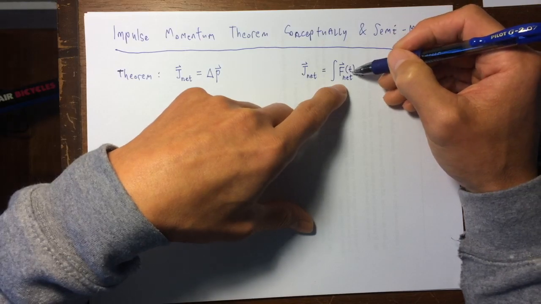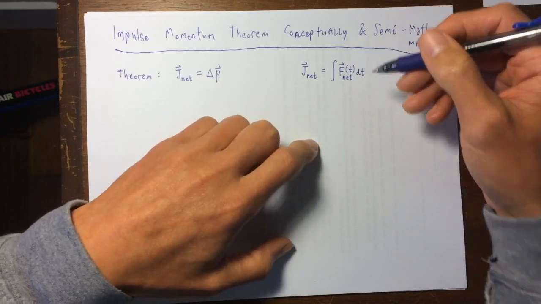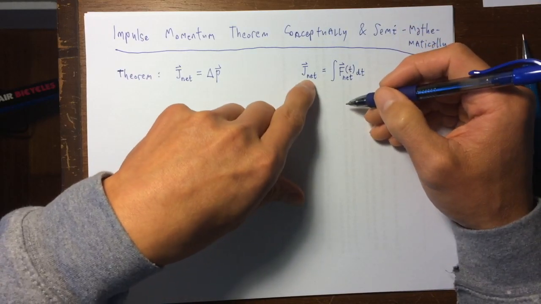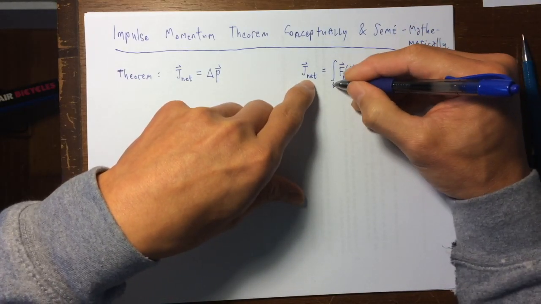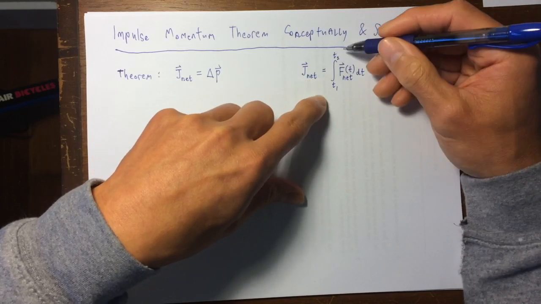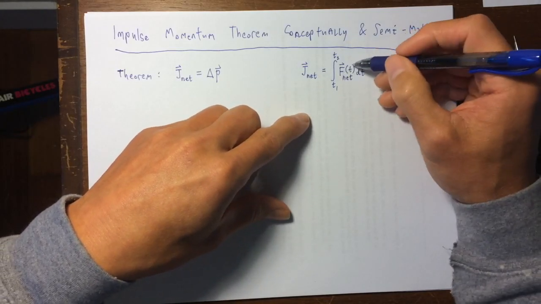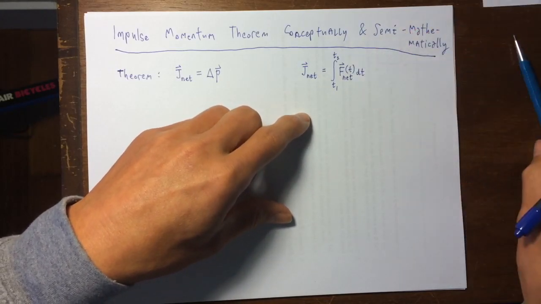So not only the strength, the number of newtons, but also the angles that specify the direction of the force. And this net impulse goes on between the two times t1 and t2. It's made out of the net force acting on the object.